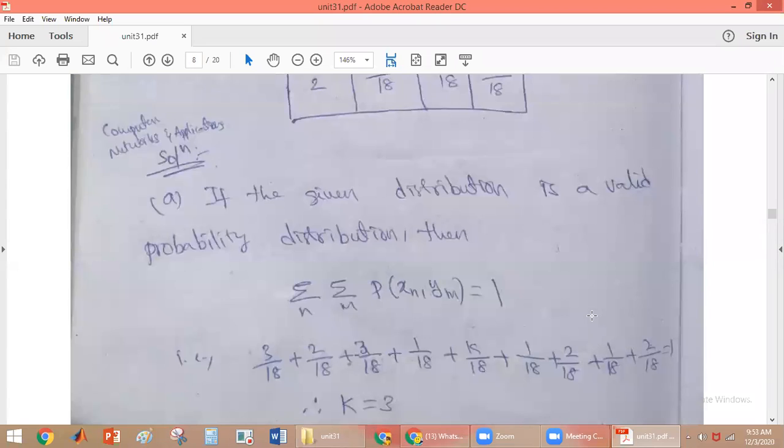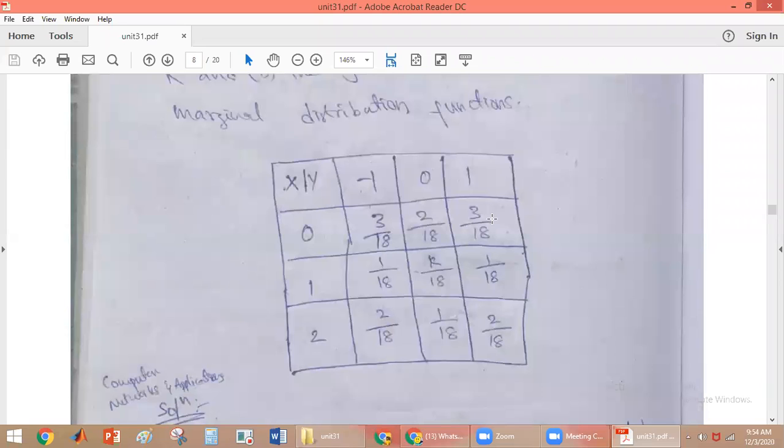Similarly, the third term will be 3 by 18 u of x into u of y minus 1, because ym is 1 here. So that is why u of y minus 1.